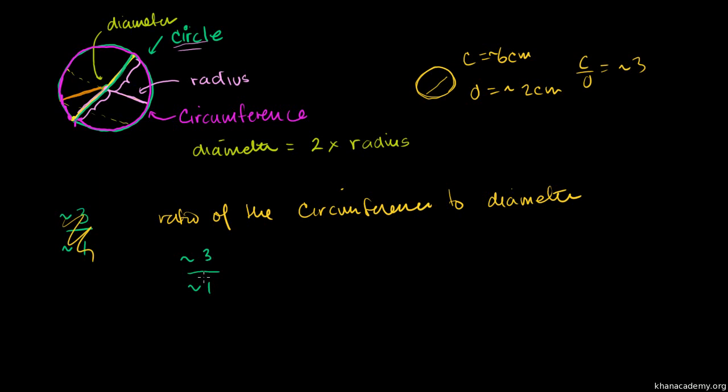So they said, let me study this further. So they got better tape measures. And when they got better tape measures, they measured, hey, my diameter is definitely 1, but when I measure my circumference a little bit, I realize it's closer to 3.1. And the same thing with this over here. They noticed that this ratio is closer to 3.1. And then they kept measuring it better and better and better.